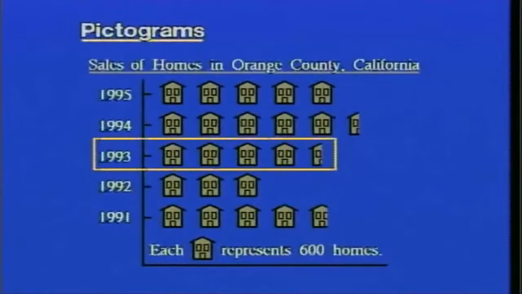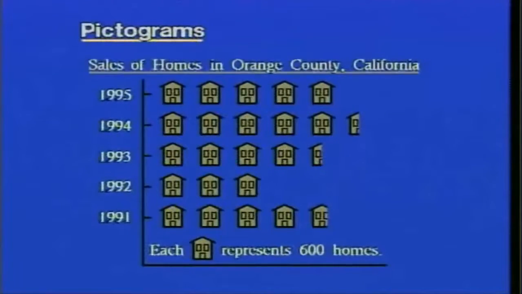Now let's say that we want to discover or talk about the difference in the sales of homes from 1991 to 1992. Well, we notice that both of the lines in 1991 and 1992 have 3 whole houses. So that's the way that they are the same. And the difference in the number of sales of homes would be this part that's sticking out in 1991.